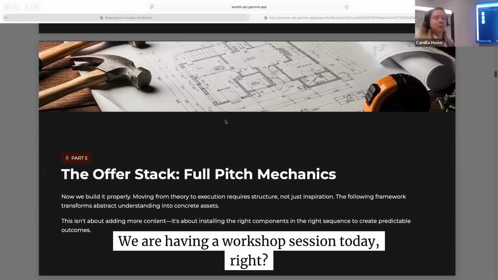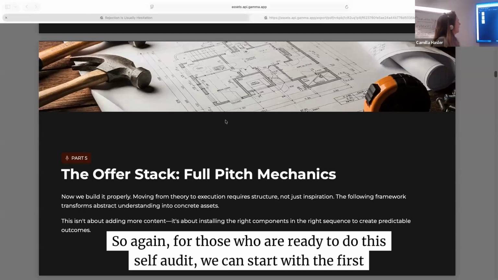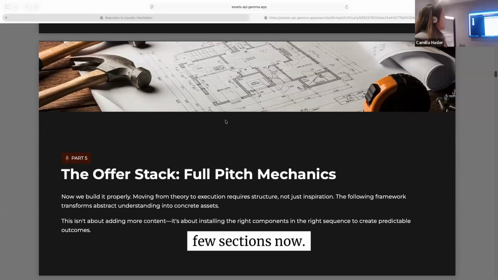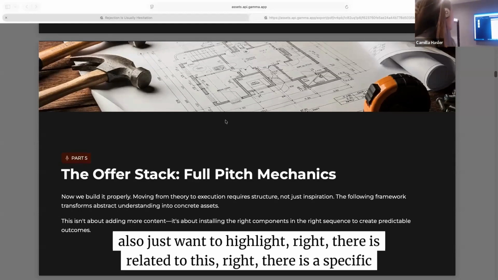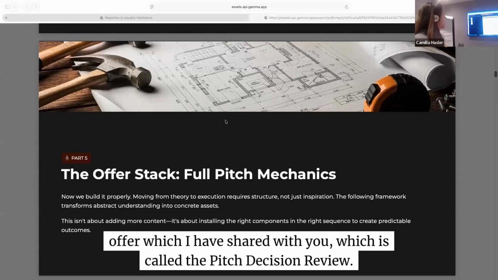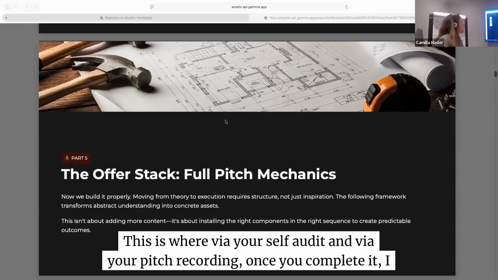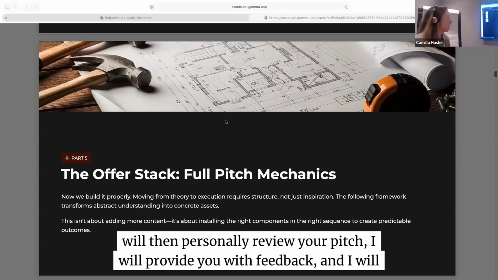We are having a workshop session today. For those who are ready to do this self audit, we can start with the first few sections now. I also want to highlight a specific offer I have shared with you, called the pitch decision review. Via your self-audit and your pitch recording, once you complete it, I will personally review your pitch.